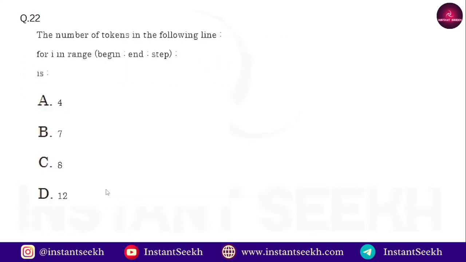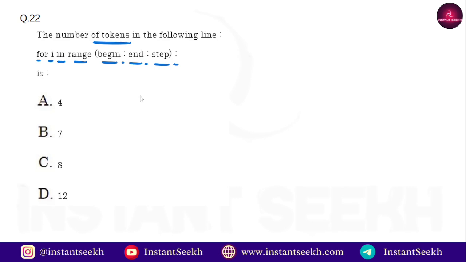Okay, the number of tokens in the following line: for i in range(begin::step). You need to mention the number of tokens. So first of all, you should know the line is given in Python. The tokens are parentheses, identifiers, operators; all those are termed as tokens.